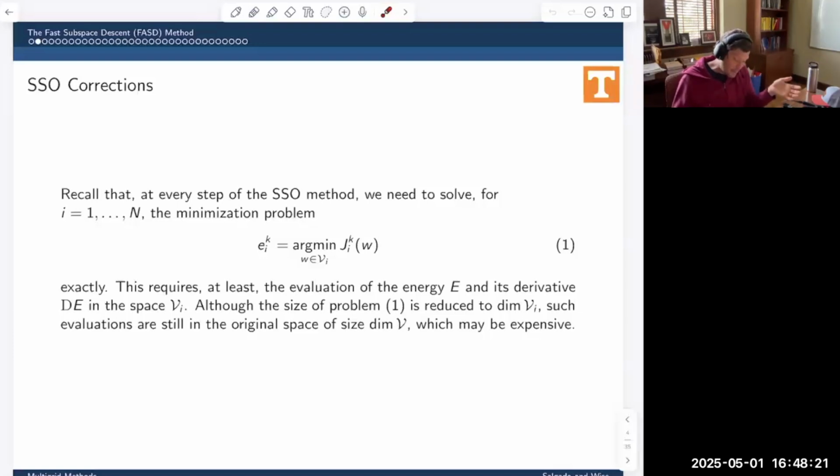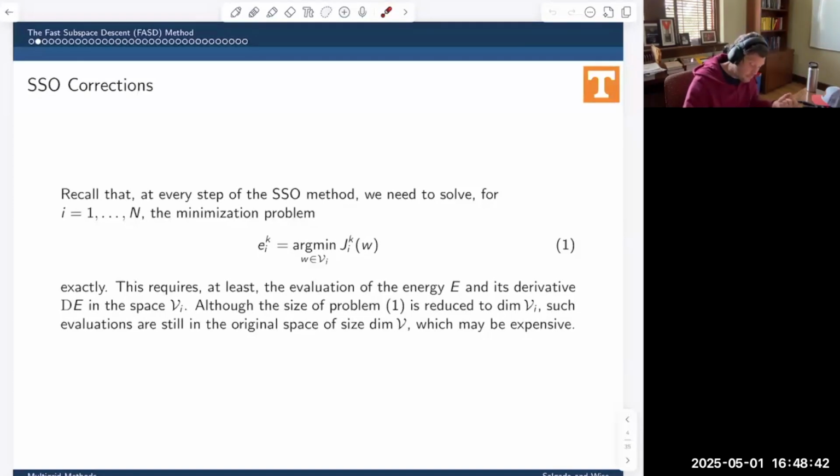Now, for the SSO method, let's rewind a little bit and remind ourselves what we had to do there. Actually, that one was kind of easy, right? In that method, you built a bunch of these energy sections.